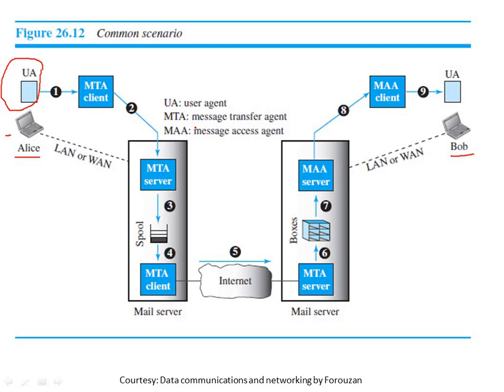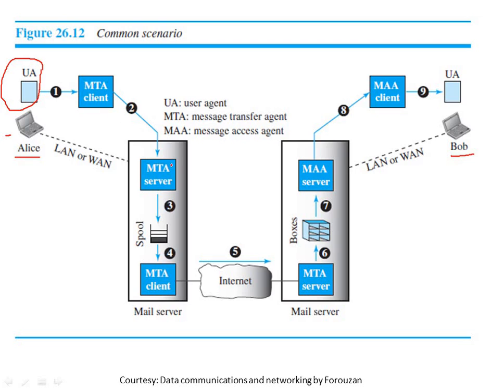That is the message transfer agent, and MAA is the message access agent. When Alice wants to send a mail to Bob, it will communicate with the MTA agent and transfer the email to the server through the MTA.